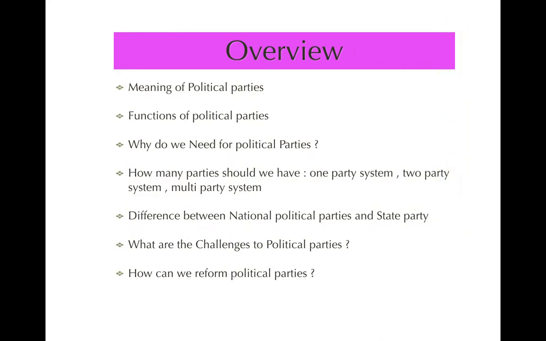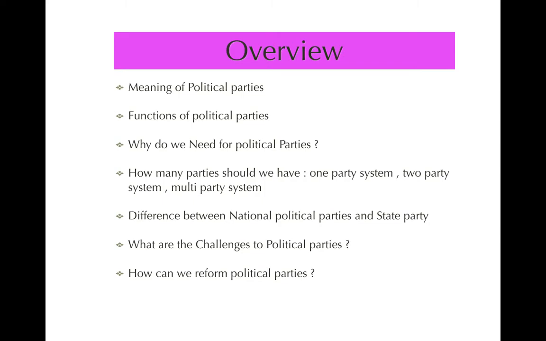Now, let's have a quick look at what we are going to study in this chapter. We are obviously going to look into the meaning of political parties. Then we shall be discussing the functions of political parties, which is a very important topic here. We will then proceed to understanding why we need political parties, or why there is a necessity for political parties. Then how many parties should we have?